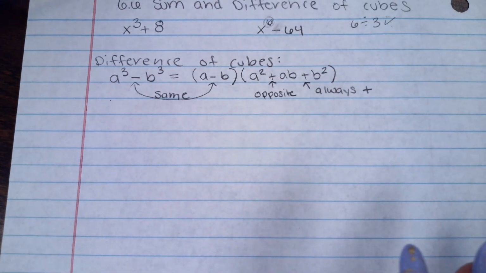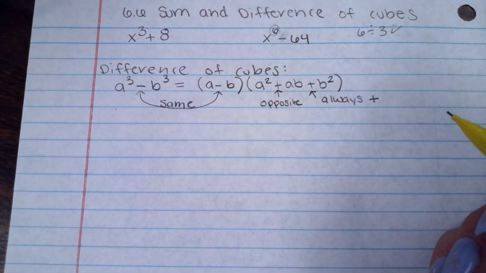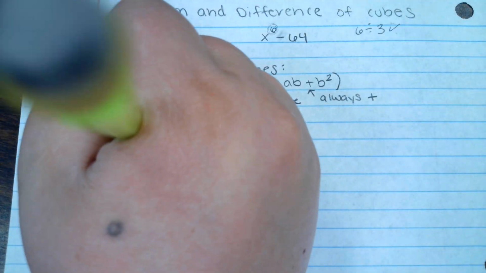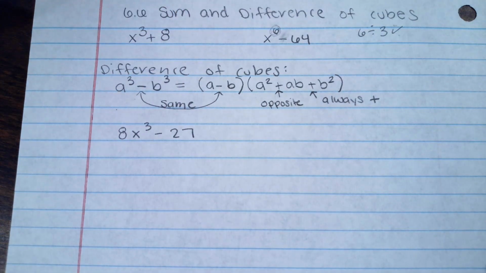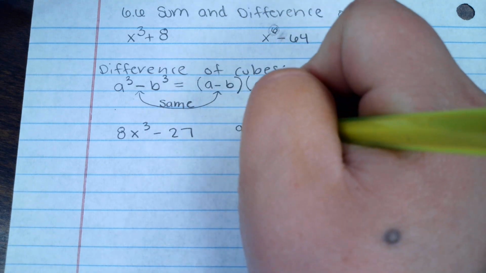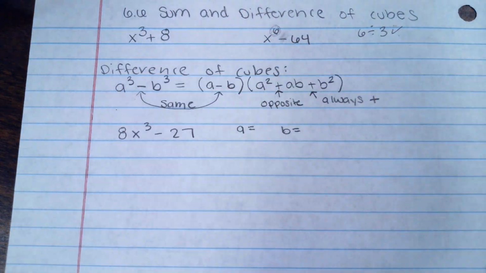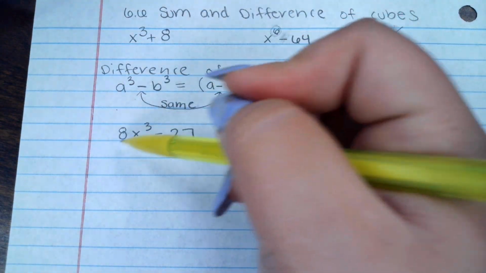All right, before we look at sum of cubes, let's just do an example. How about this one? 8x cubed minus 27. So we have this big long formula. Let's figure out what a is and what b is, and then we can just plug it in. So a is going to be the cube root of the first term.